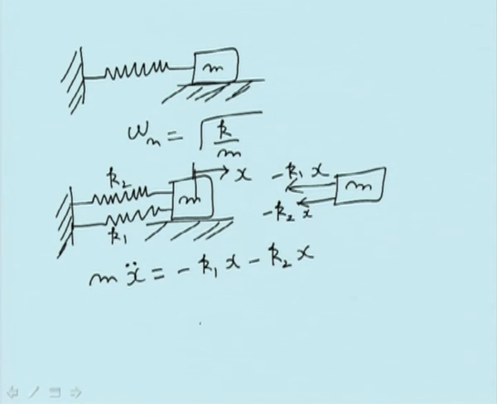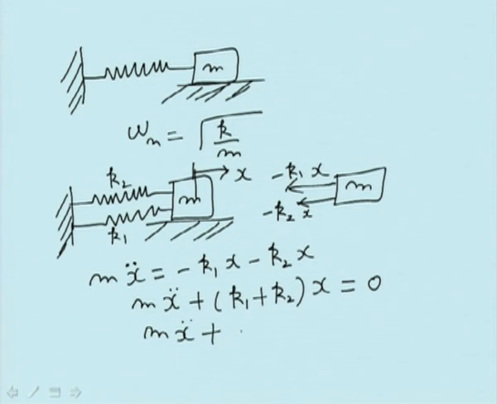So m x double dot plus k1 plus k2 times x equals 0. So it is the same type of equation. Compare this with the previous equation, m x double dot plus kx equal to 0.